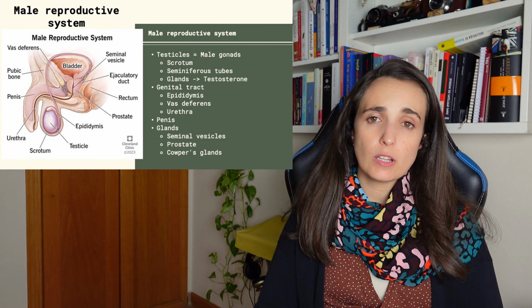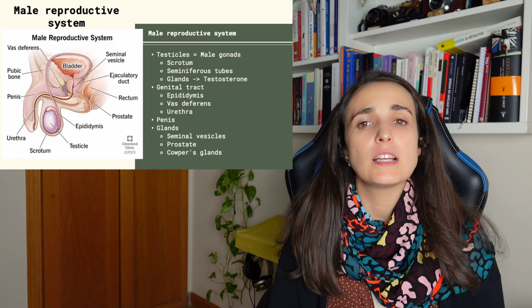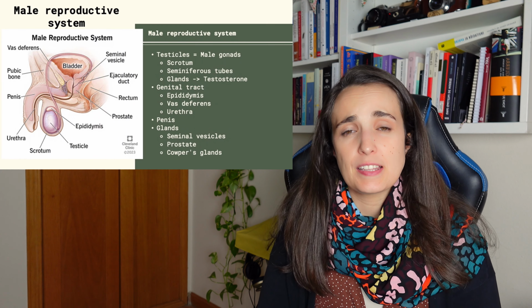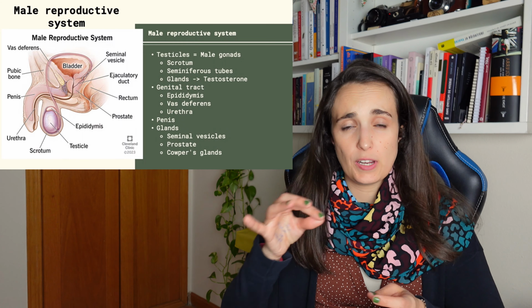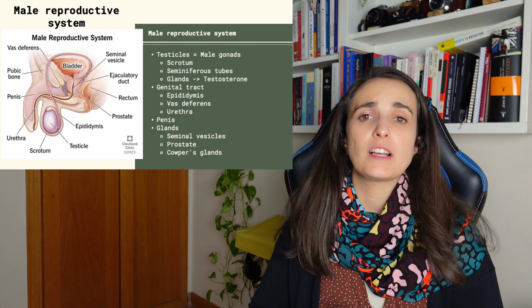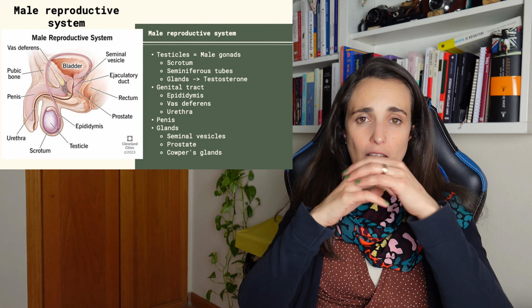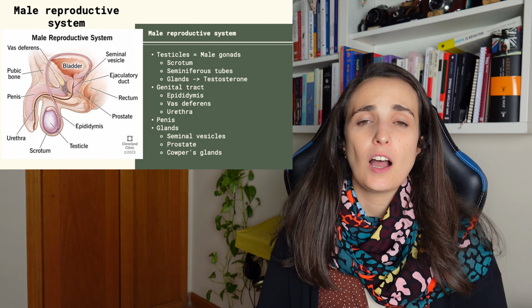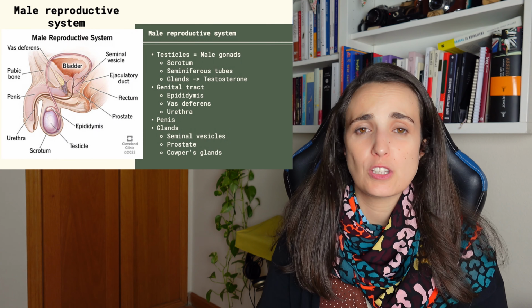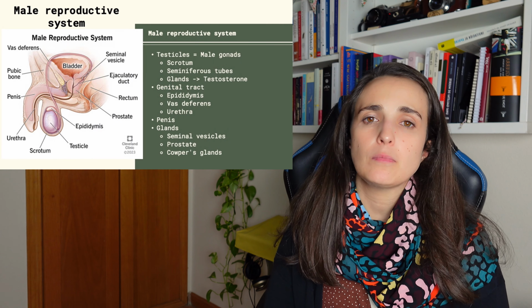So the genital tract is, from outside to the inside, first the urethra, then the vas deferens, which is a conduct that will communicate the urethra with the testicles, specifically with the epididymis, which is the superior part in the testicles, from where spermatozoids will go outside, okay?